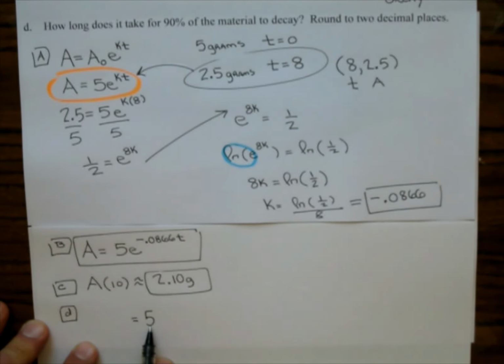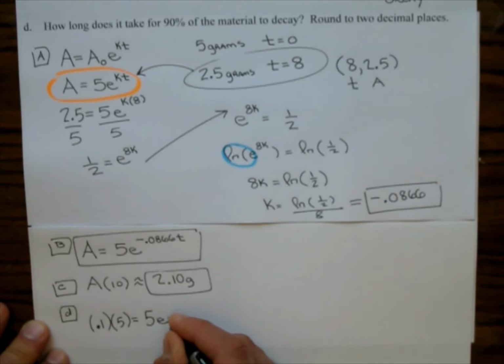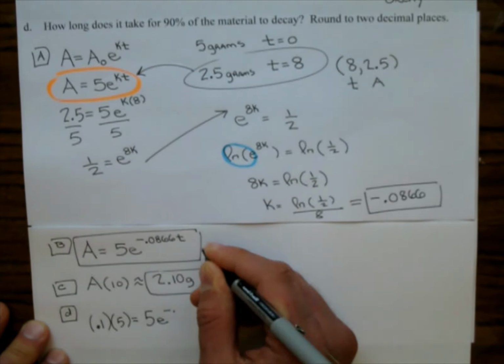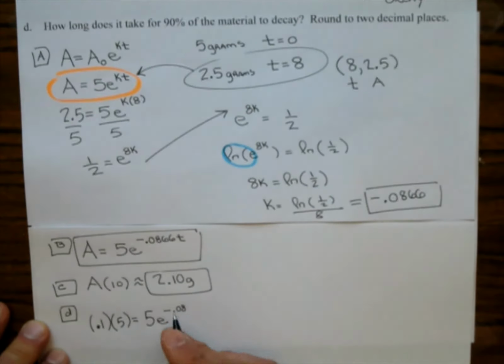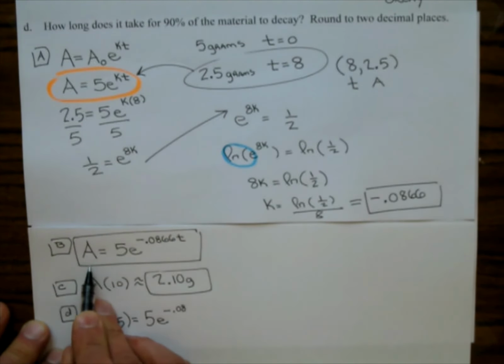We want 90% of that to decay, so we're only going to be left with 10% of that. 10% of 5 is the amount that we want to see. So when they say 90% of the material is going to decay, it means 10% is left, and that's what I'm putting in for A.